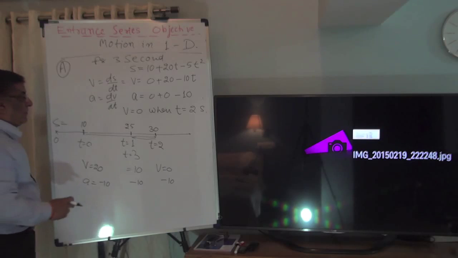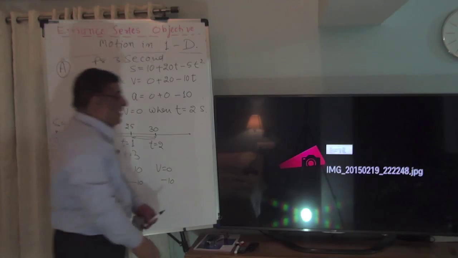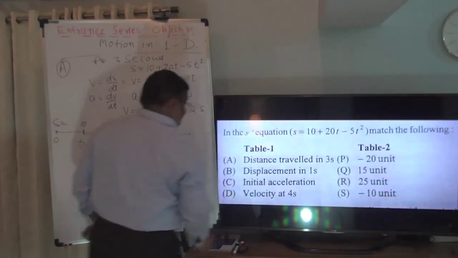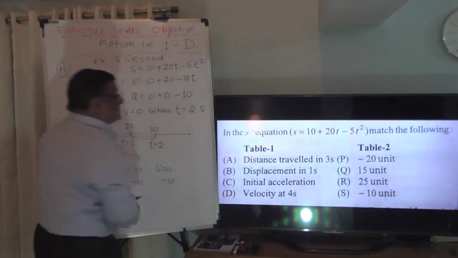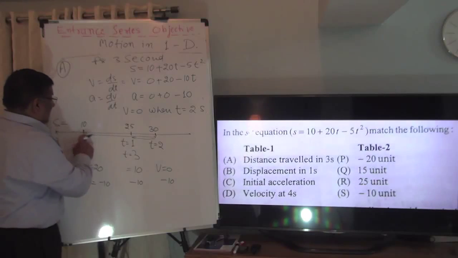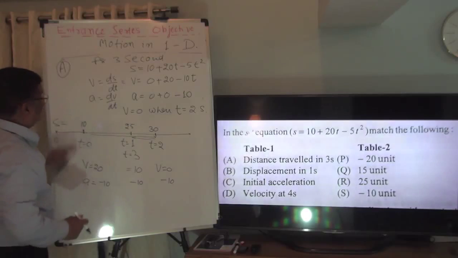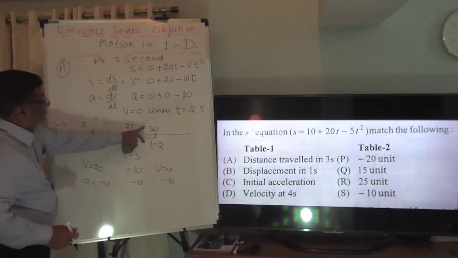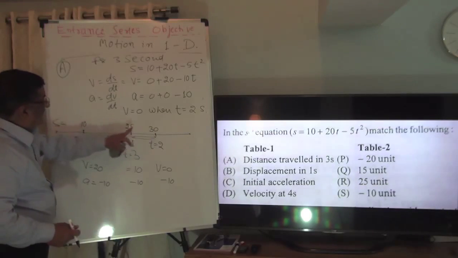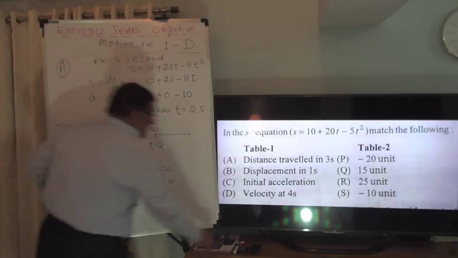Okay. Now, this is the total situation and now we can find our answers very well. The distance traveled in 3 seconds. From here, from 10, it goes to 25, then it goes to 30 and then it comes back to this position. How much is the distance traveled?